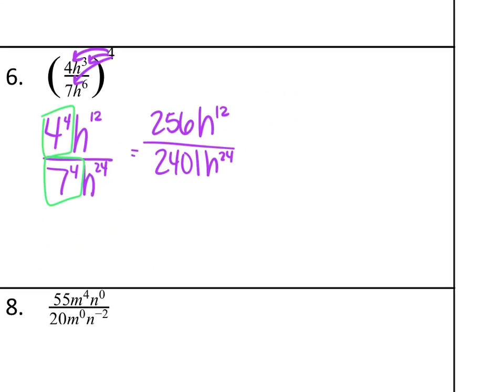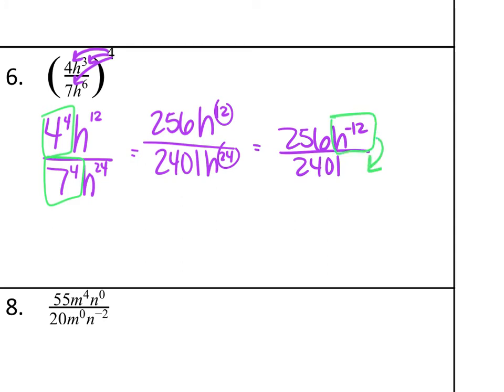Okay, and we also have to subtract these exponents. So if I take 12 minus 24, that's negative 12 now. But to get rid of that negative, I have to move this to the bottom and make it positive. So 256 over 2401, h to the 12th.